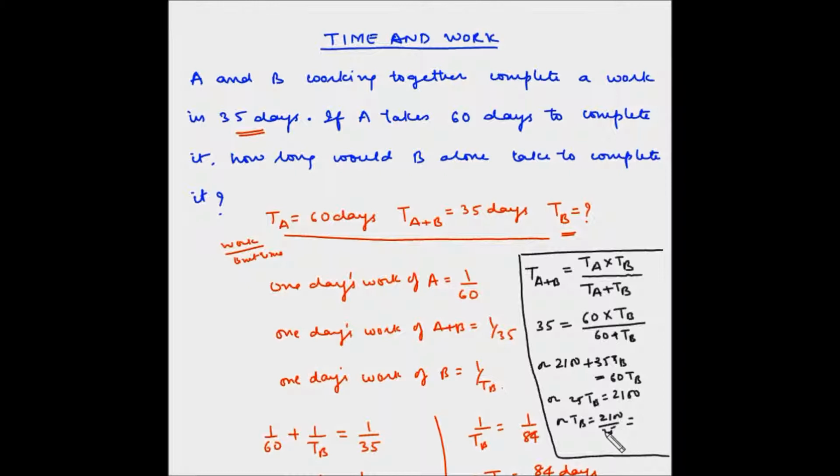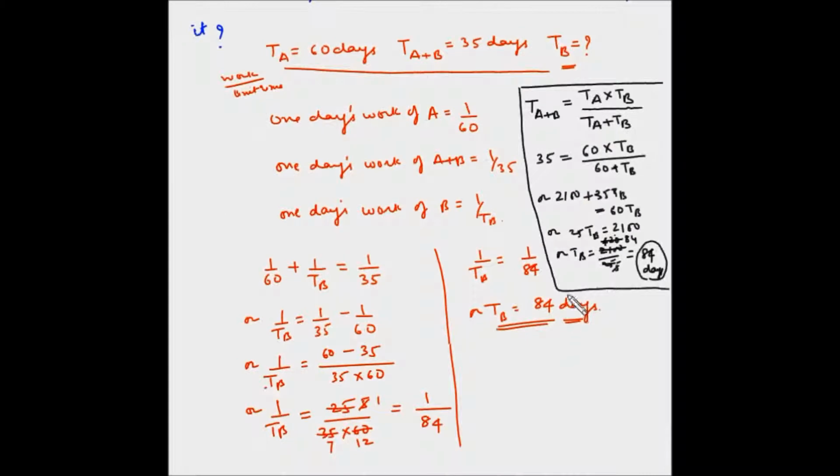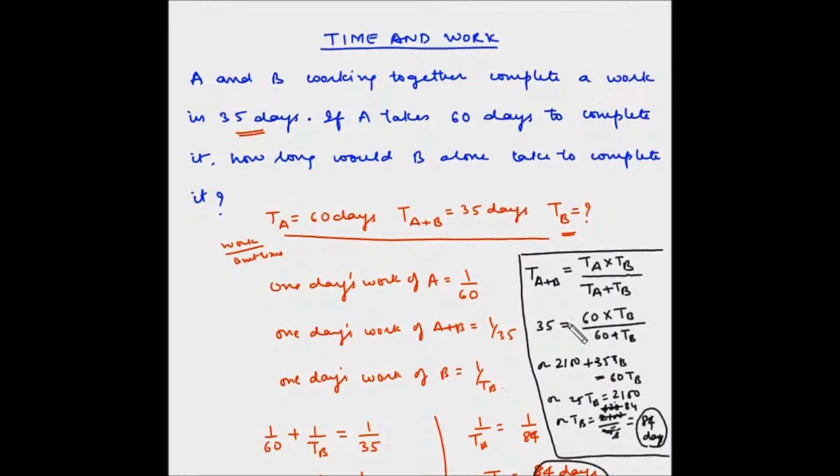So 5 5s are 25 and 5 4s are 20, 1 carry over, 5 2s are 10 and 0, 5 1s are 5, 5 8s are 40 and 2 carry over, 5 4s are 20. So TB is equal to 84 days. So this is the same answer as we got here. So this is a quicker method to solve this problem.